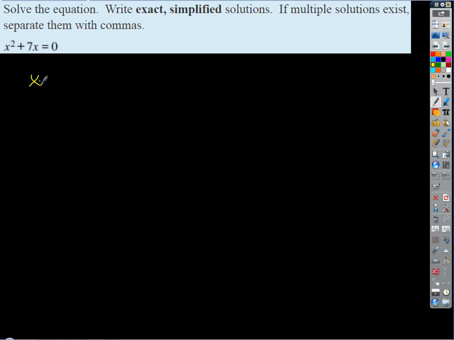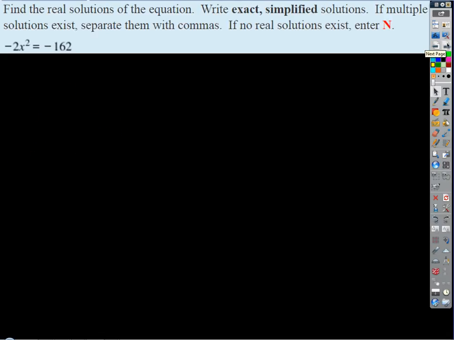So I can undistribute an x, leaving me with what? So what are my zeros? If I set that one equal to 0 and solve, it's just 0. Done. How about this one? There we go. Okay, good. Okay, what about this one?